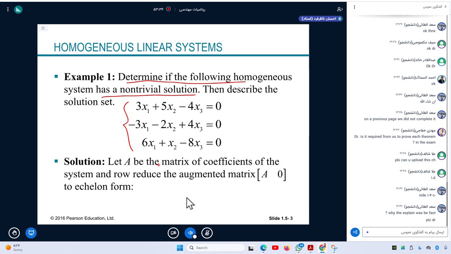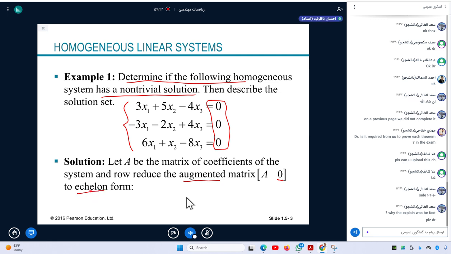If you remember from the very first chapter, we are making the augmented matrix. Augmented matrix means A with 0 at the right as the last column, because all of them are 0. So this is a column, this is a column, and this is a matrix, matrix A, and the last column is 0.